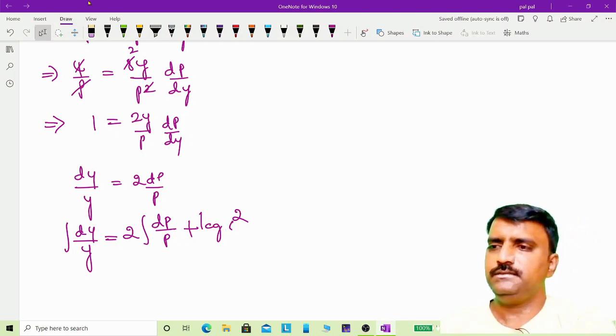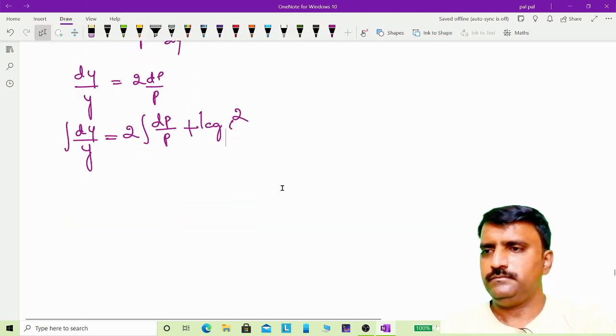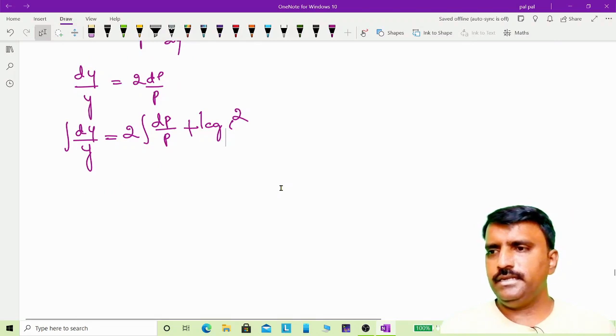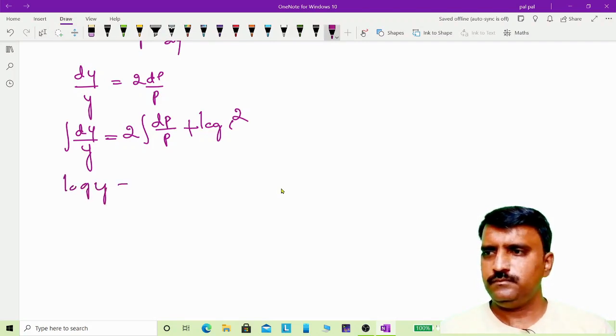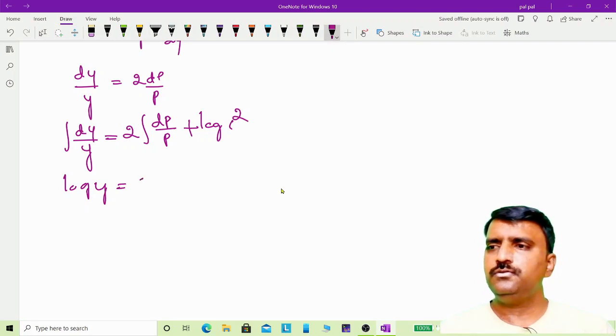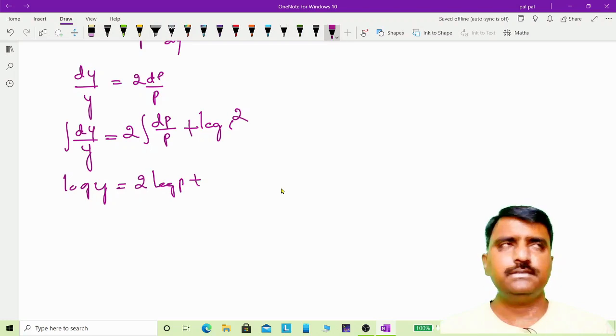So next, integrating this, integration of 1 by y is log y, is equal to 2 into log p plus log c square.